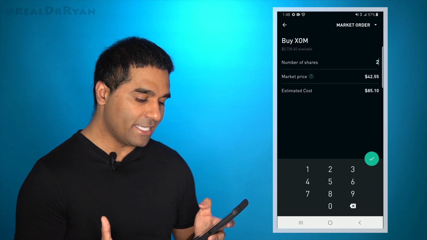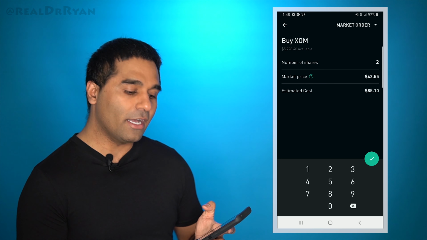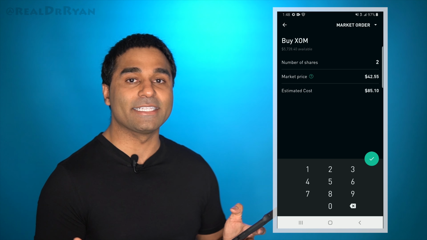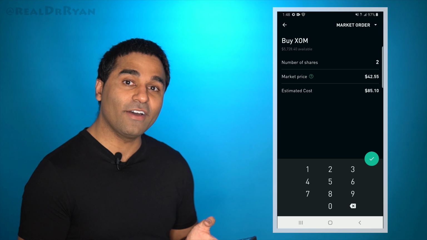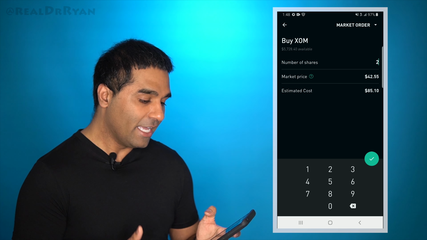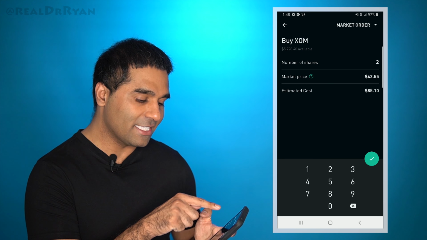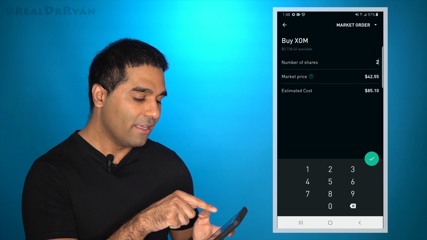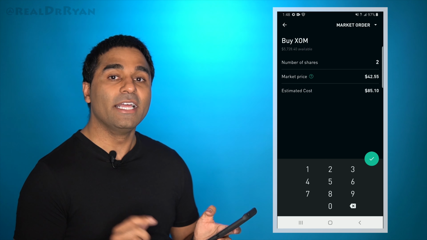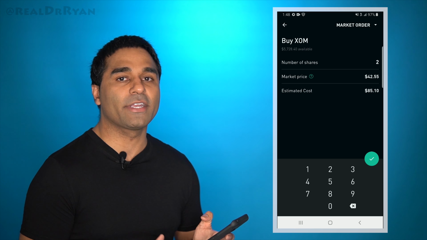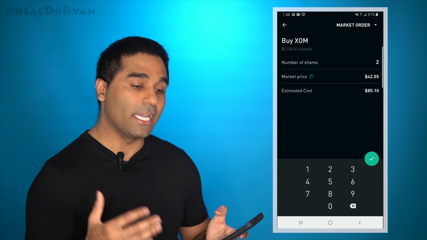If I'm buying 2 shares, that means the estimated cost is going to be $85.10. Now, one thing to keep in mind is you want to make sure you have enough funds to be able to buy this stock. And if you look right below where it says buy XOM, it'll say $5,728.40 available. That's how much cash is available in your account that you could spend on any particular stock.